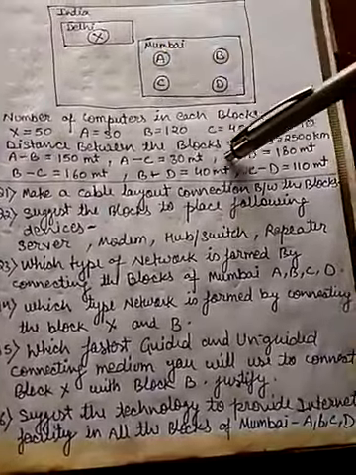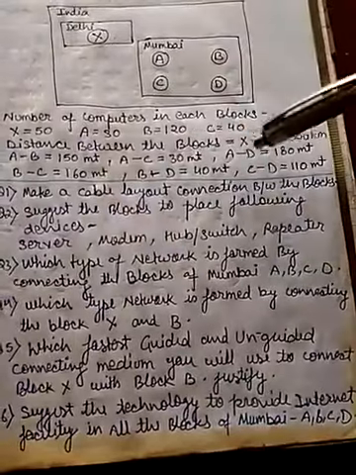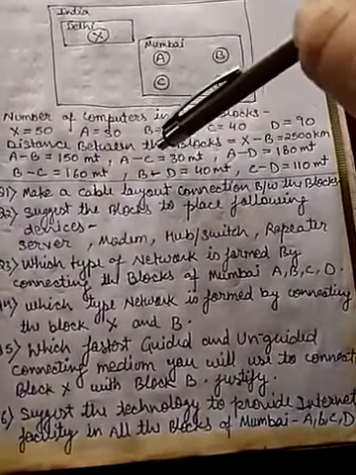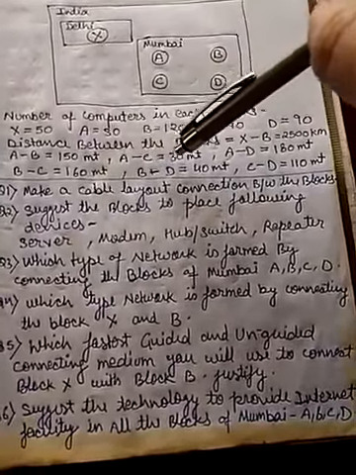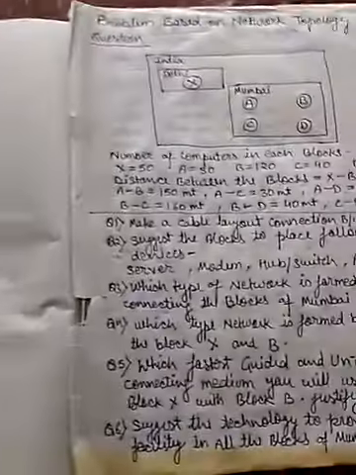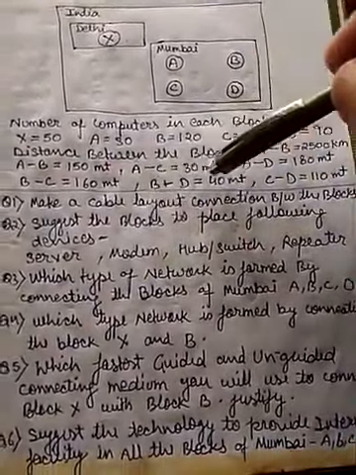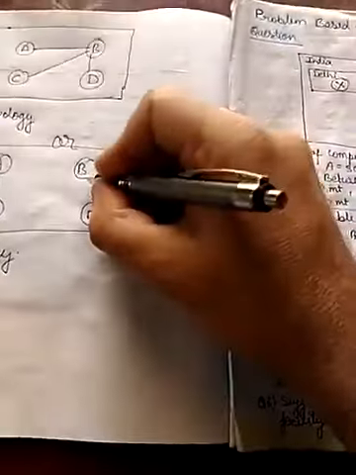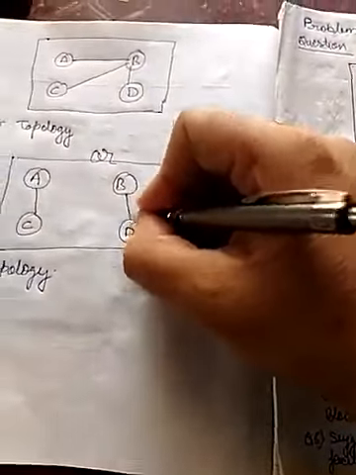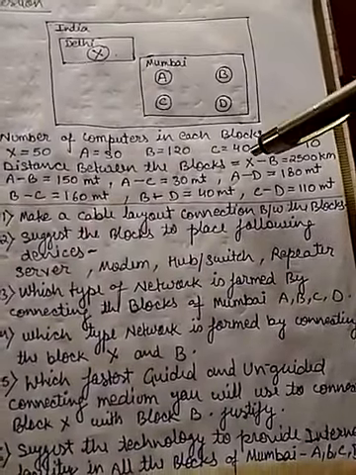First you identify which is the shortest distance in between these blocks. So from here we can find out A to C is having 30 meters. So we are connecting this A to C. Now find out the second shortest, it is B to D. So B to D is having another short one. So we have connected this. Now I find out which is having the third shortest one.